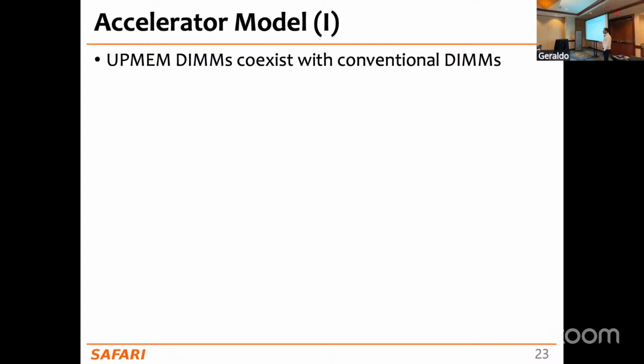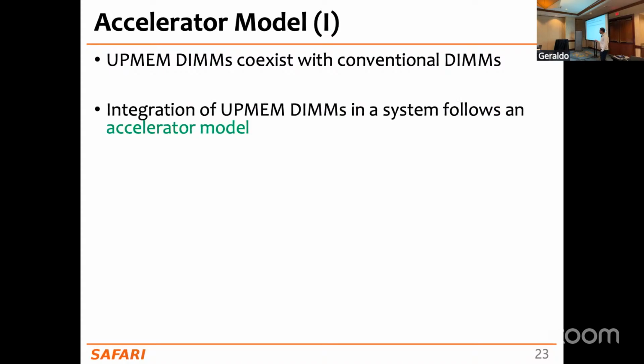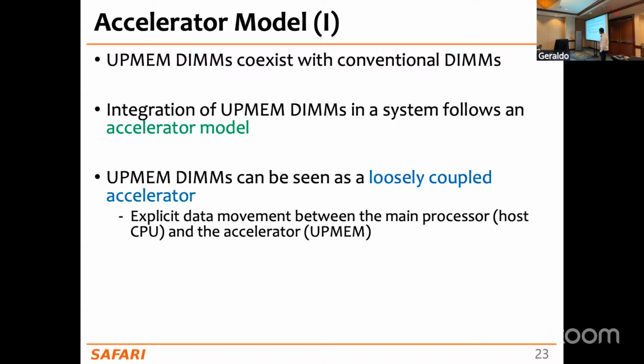In the current realization, those UPMEM DIMMs coexist inside the system with conventional DRAM modules that are used to store memory for your program. Then they use an accelerator model where you offload portions of a computation to those UPMEM DIMMs. This is very similar to how you program a GPU.